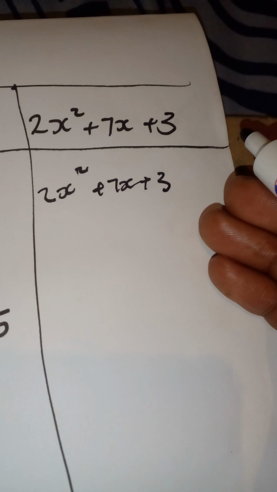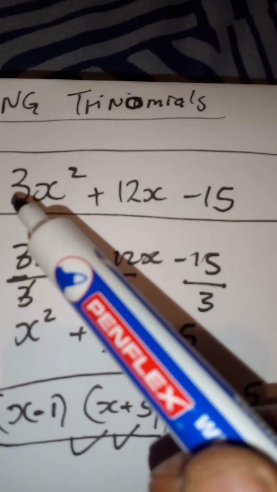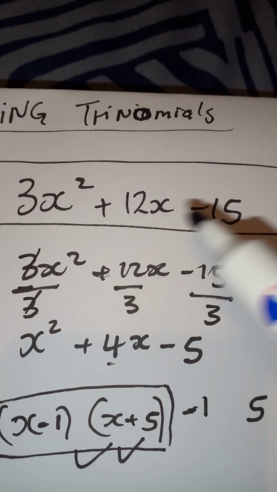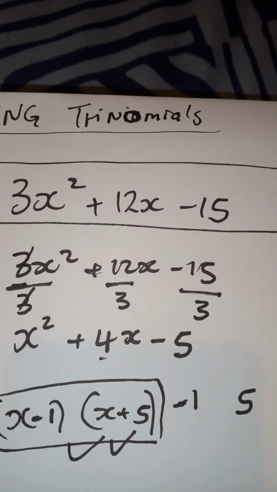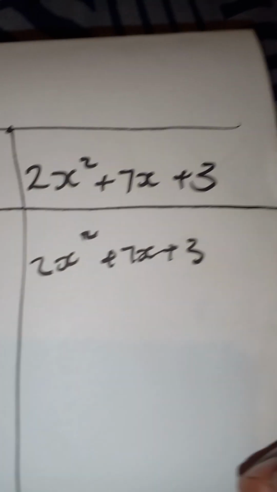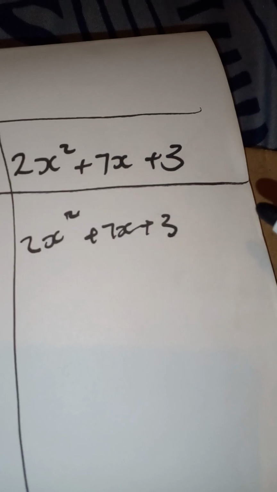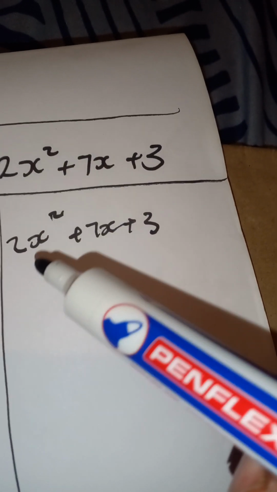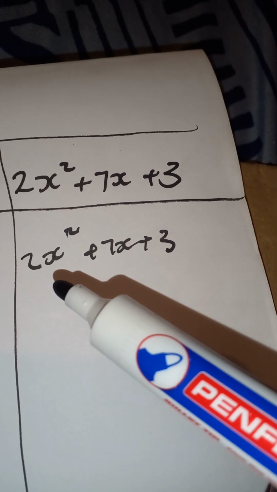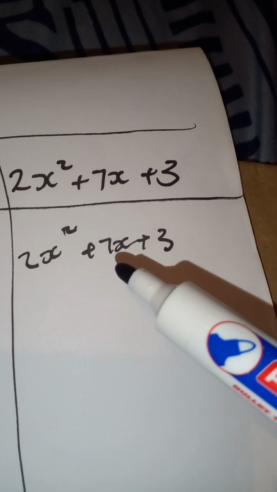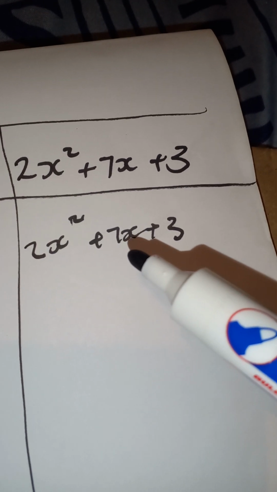Okay, guys, remember in this one we were able to divide by 3 throughout, because the 3 was common in this whole expression. But in this case, let us check if we can divide by the coefficient of x squared. If you check, guys, 2 divided by 2, it is x squared, but now we cannot divide the 7 by the 2.